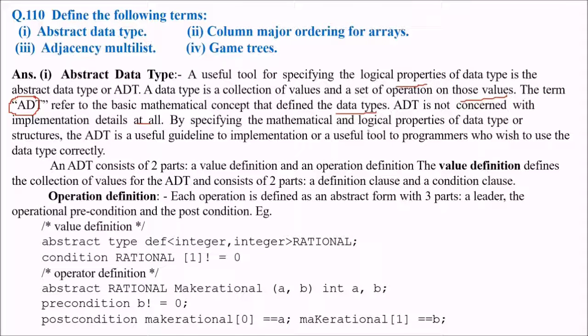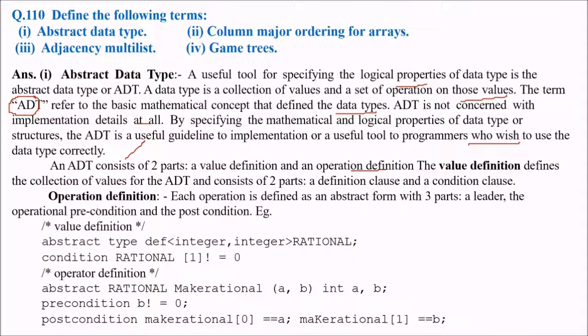By specifying the mathematical and logical properties of a data type or data structure, the ADT is a useful guideline for implementation, or a useful tool for programmers who wish to use the data type correctly. In ADT, it has two parts: the value definition and the operation definition.